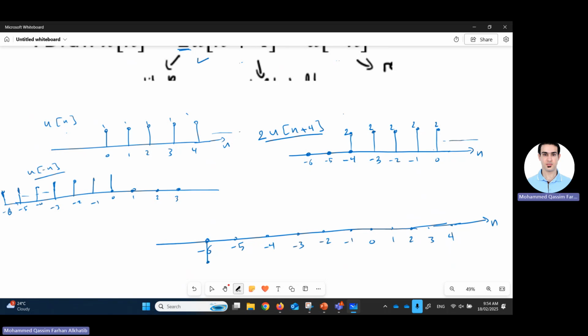So here I'll have this pulse here. At -5, same thing. 0 minus 1, that's -1. Now at -4, 2 minus 1.